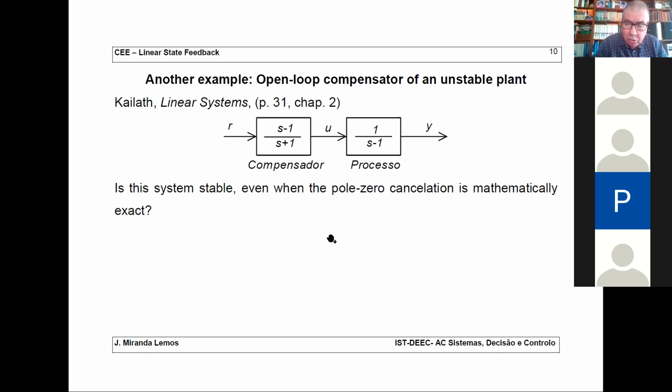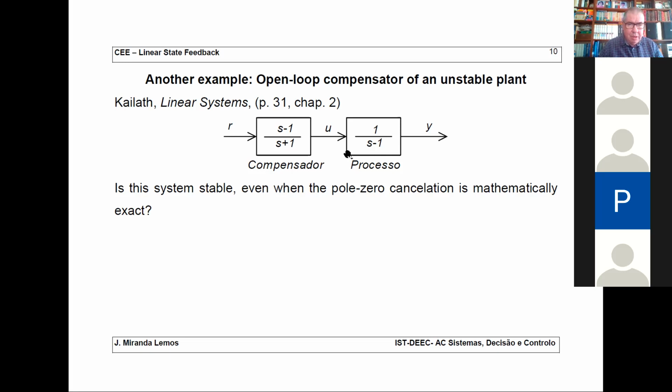So my question is, would you enter the plane? That is to say, does it really stabilize the plant?